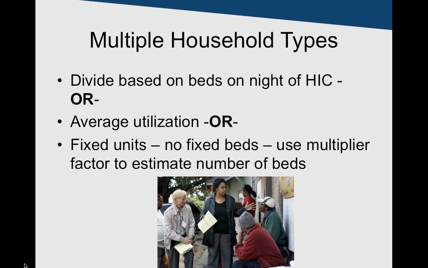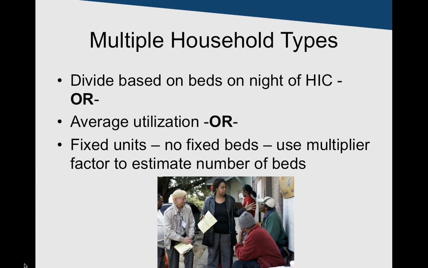So another way that you can address how you want to distribute that is to divide the beds based on an average utilization over the year, or for those projects that do have a fixed number of units but not a fixed number of beds, you can use a multiplier factor to estimate the number of beds.